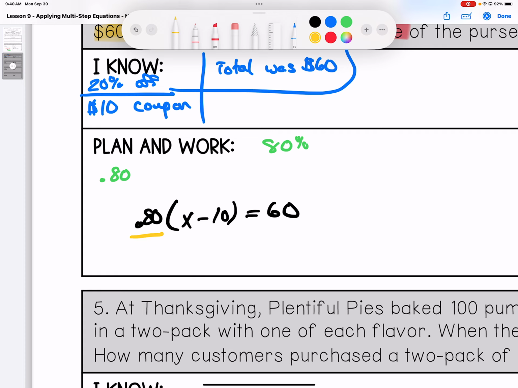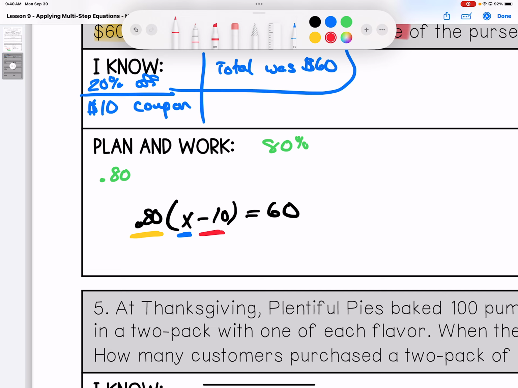She paid 80% times of everything. She paid 80% of the original price minus the $10 coupon, and that equaled the $60 that she paid.